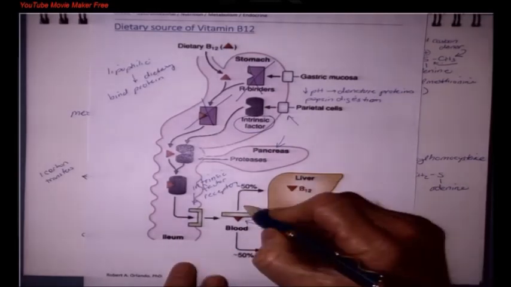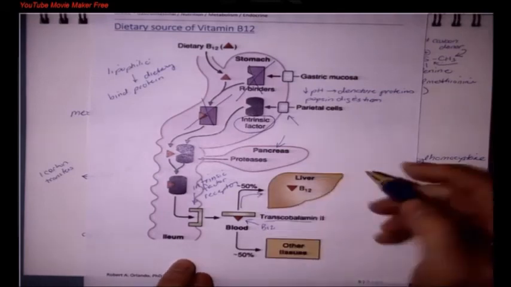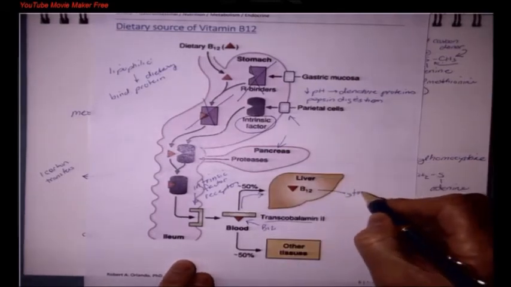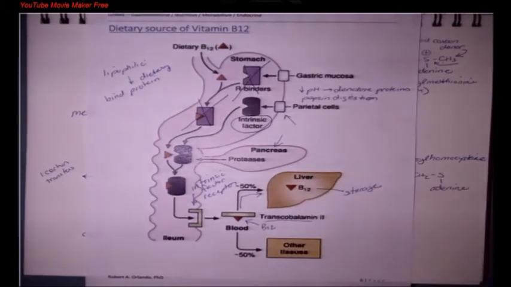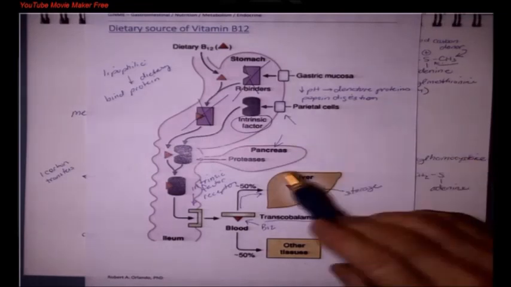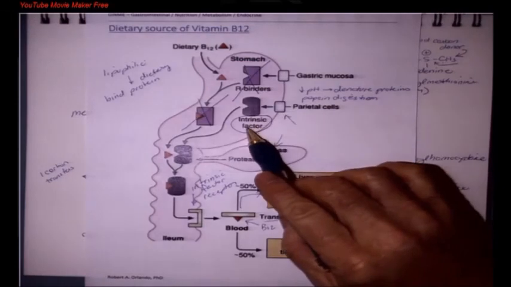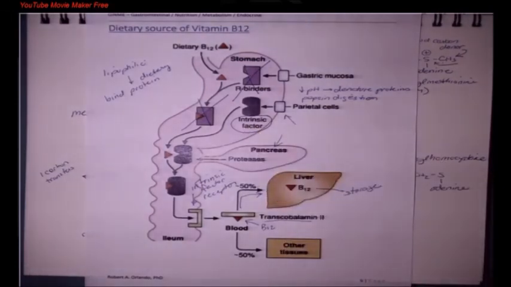But notice 50% of it goes to the liver, and this is the storage for excess B12. Okay, so that kind of completes the loop when I mentioned way back when, seemed like years ago, that the parietal cell was not only producing acid, but it was also responsible for secreting intrinsic factor. And so that's the use of it here.